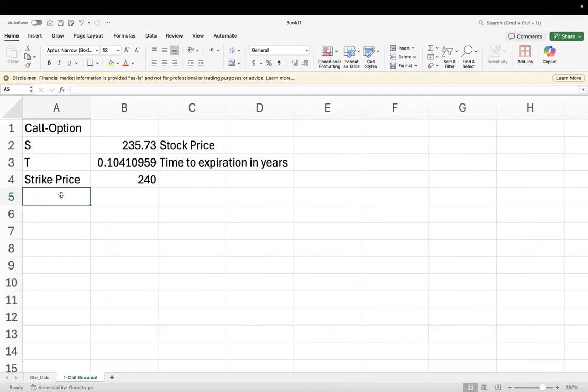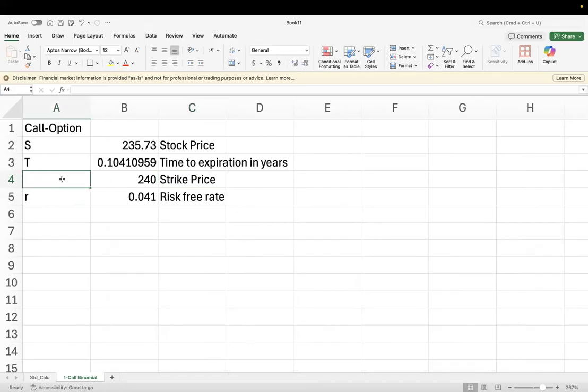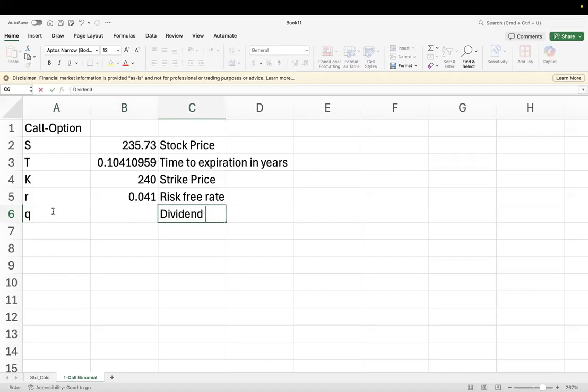Okay. So what else do I need? Another thing that I need is the risk-free rate. Right now, the risk-free rate is 0.041. So risk-free rate. And again, let me keep the explanation on the right side here. I'm going to keep that letter. D, dividends that it pays. Or let's use Q. So this is dividend yield.